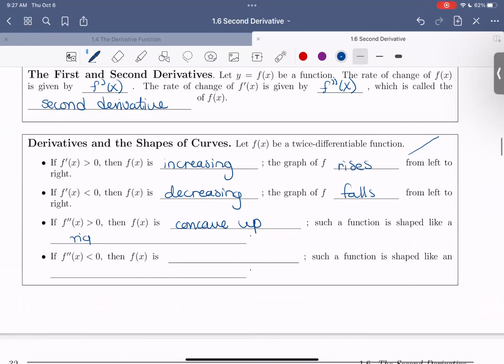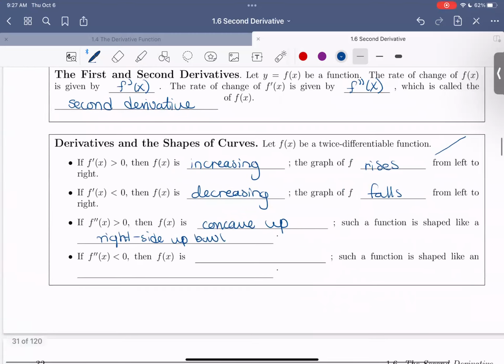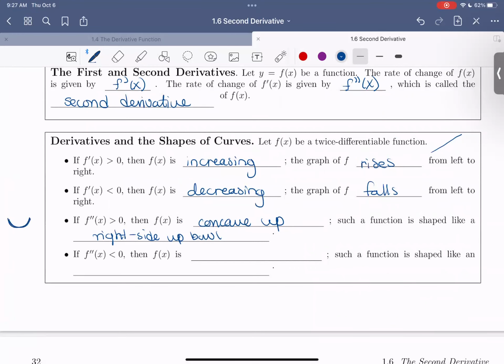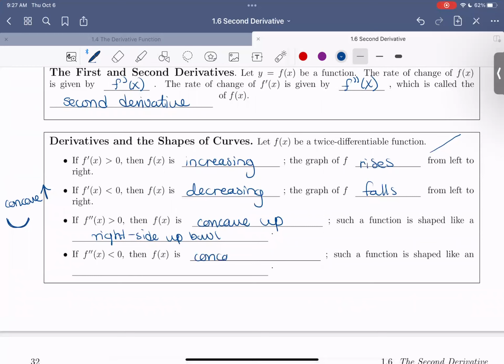You might want to draw a little picture for yourself just to help you remember. Concave up. And if the second derivative, f double prime, is less than 0, then f is concave down, which is like an upside down bowl. If you want to draw a little picture for yourself, concave down.